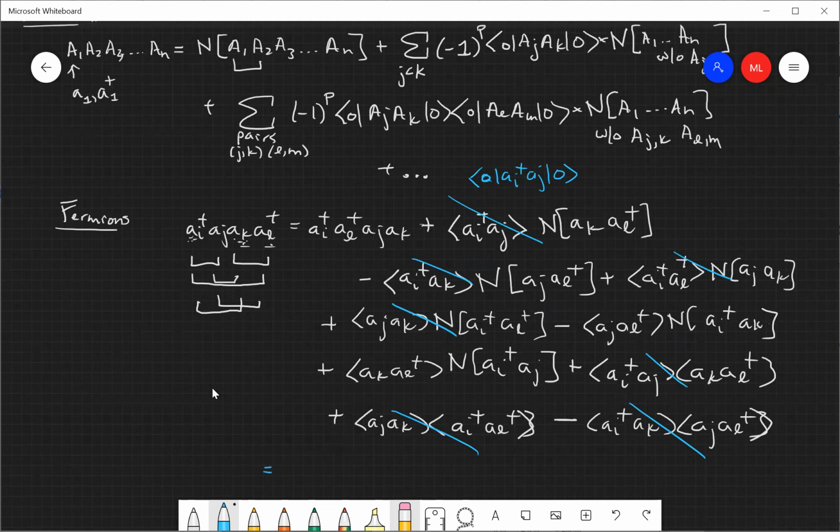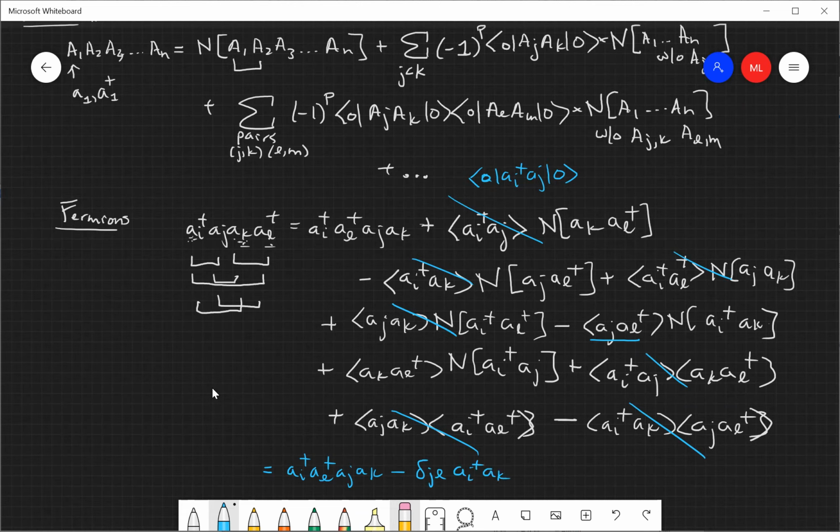You get that this is a_i dagger, a_l dagger, a_j, a_k. What do we even have left? We have minus this guy, which is going to be 1 only if J is equal to L, right? So we got this. And then the normal ordering of these guys is just a_i dagger, a_k.